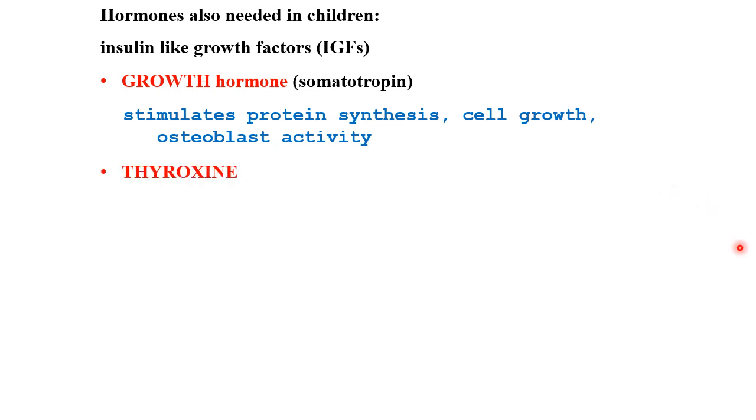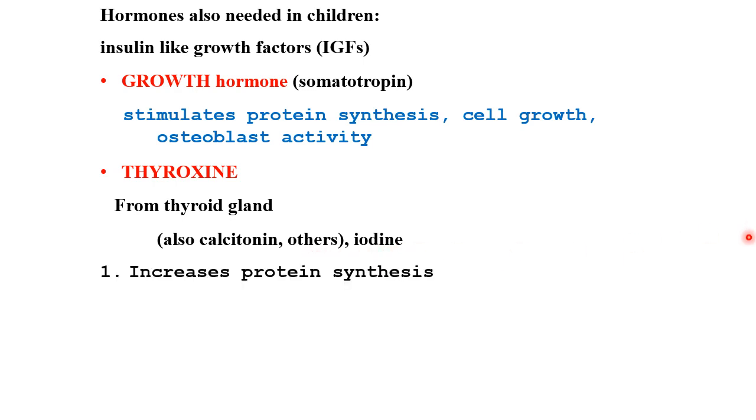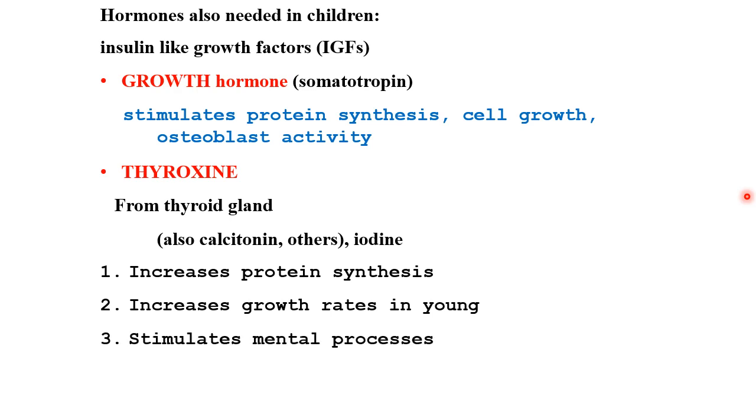Okay. Hormones like thyroxine, right? This is from the thyroid gland. Okay. Calcitonin, iodine, important hormones. Those are going to increase protein synthesis and rates of growth. Now, this hormone based on the thyroid gland is also important for mental brain function, okay, mental processes.